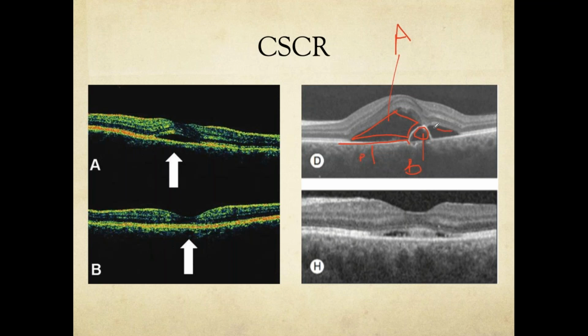What about this one? What is C? Good. So C is also a CSCR. So now if you take a look at this, what do you think it is? What is this?